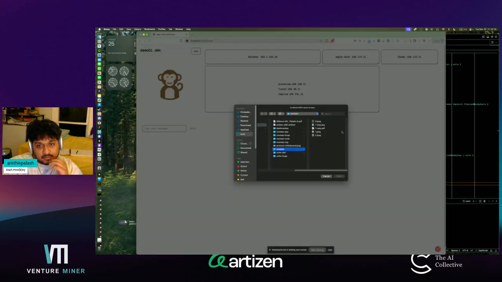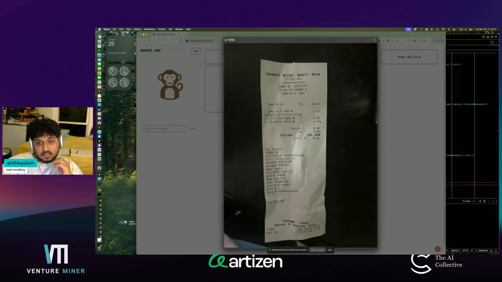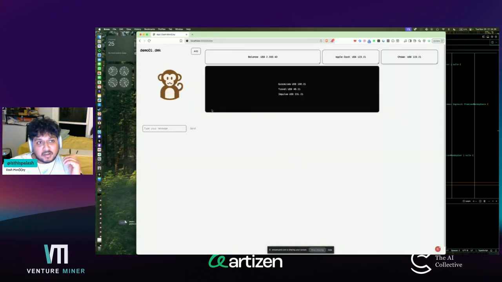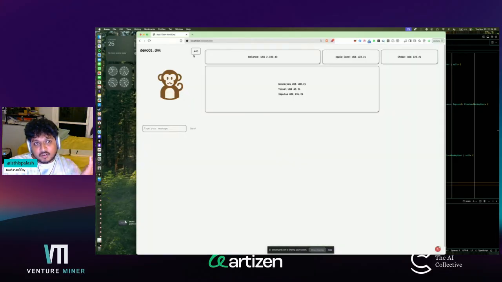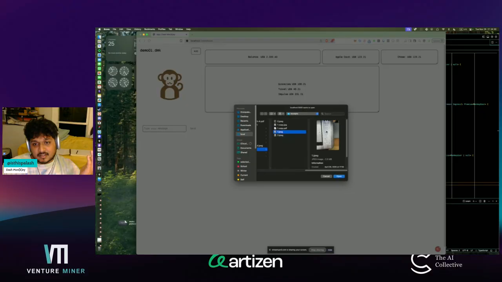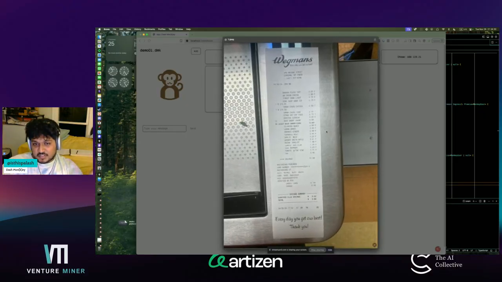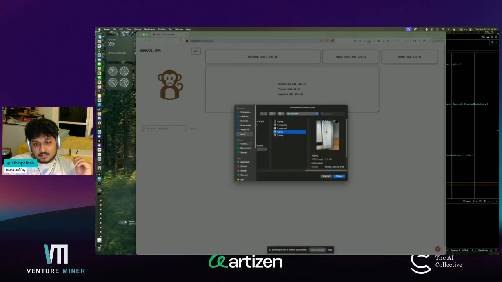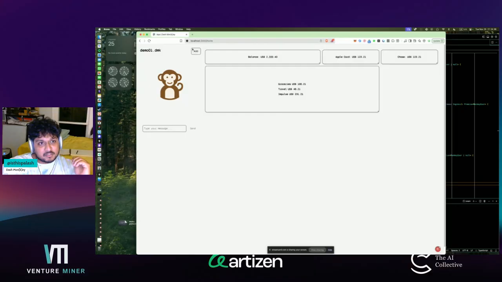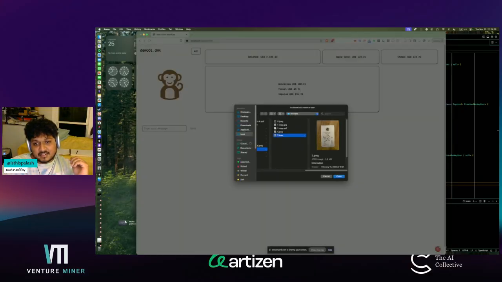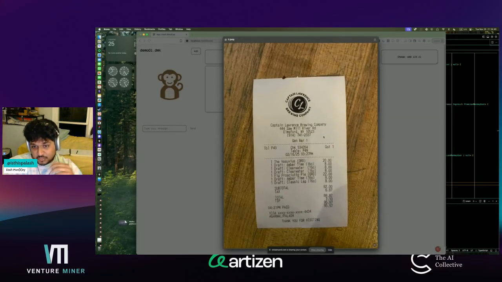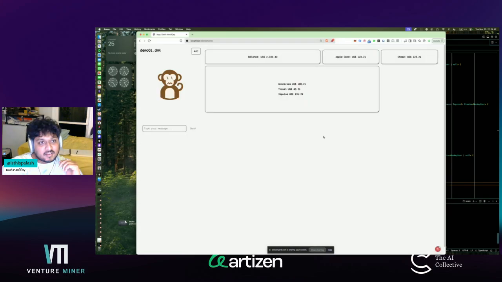Once I upload a receipt to it, for example this one is of nicotine, the monkey will get kind of jittery. Or if I add in fresh groceries and clean stuff, it gets a little happier. And if I add in a brewery thing which has 8 beers in it, it gets hungover.